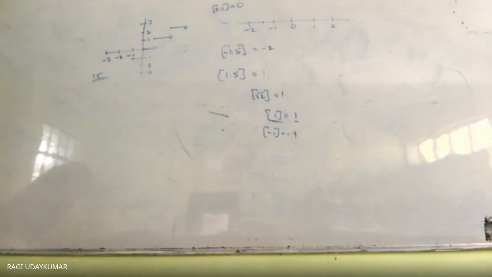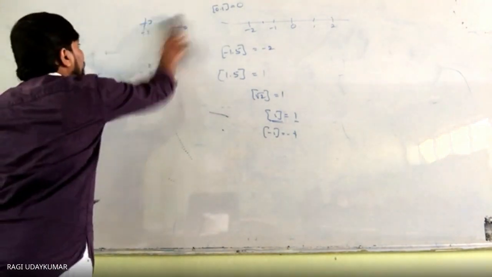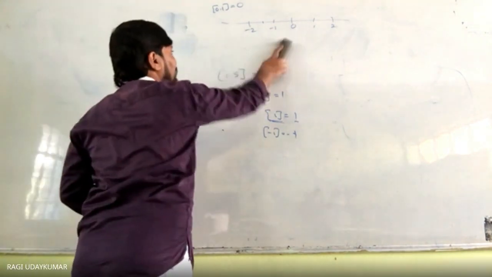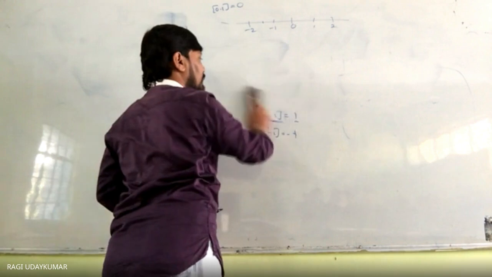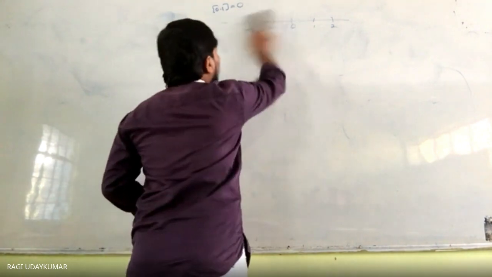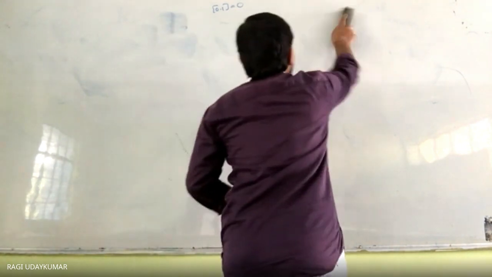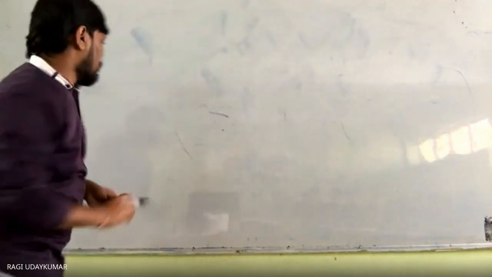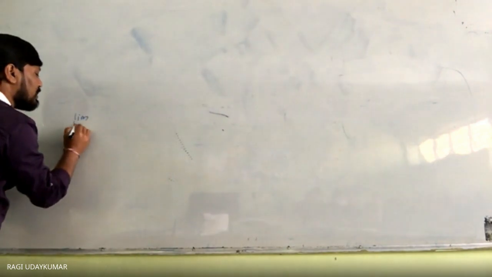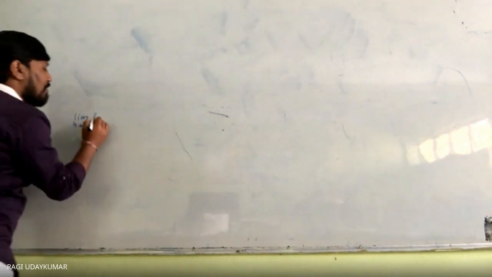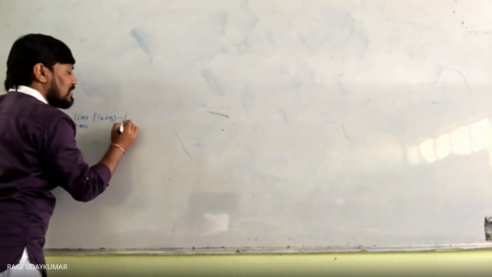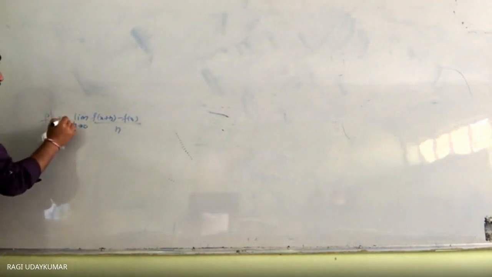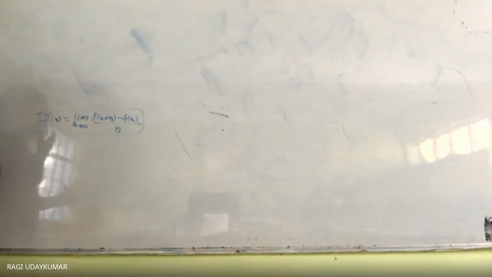Actually, the original definition of the derivative is limit h tends to 0 of f of x plus h minus f of x by h. This is called f dash of x. This is usually called the first principle.